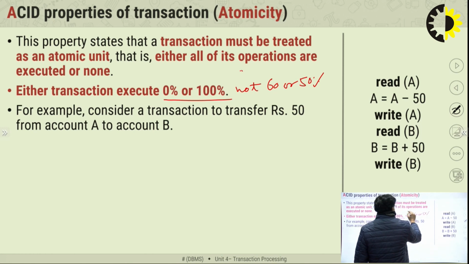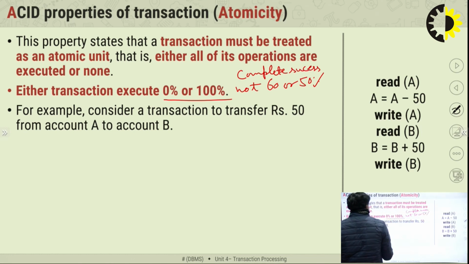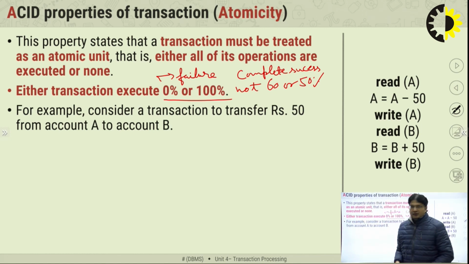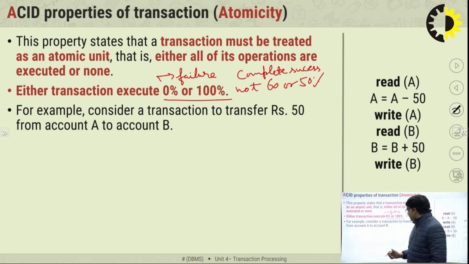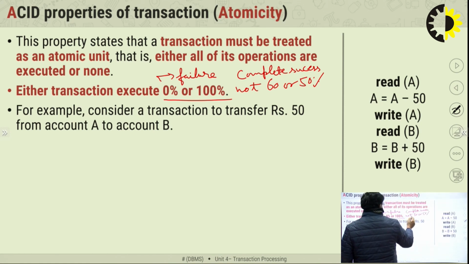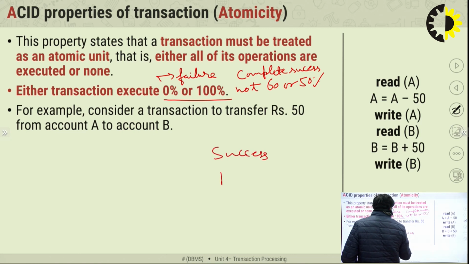Complete success should be there. Complete success is when it is 100%, and 0% is a case of failure. A transaction may end in failure, or it may end as a success. So there are two ways in which a transaction can end: either a success or a failure.